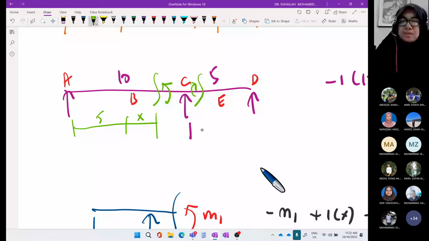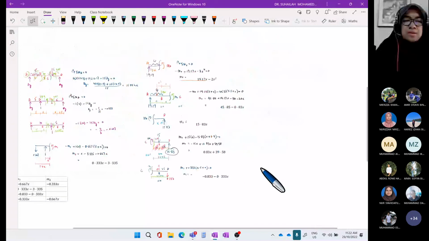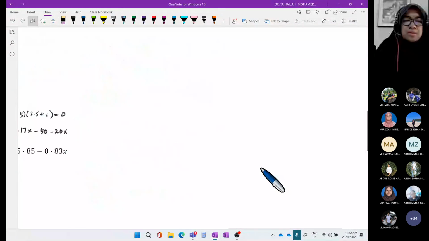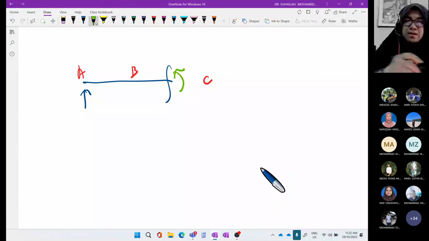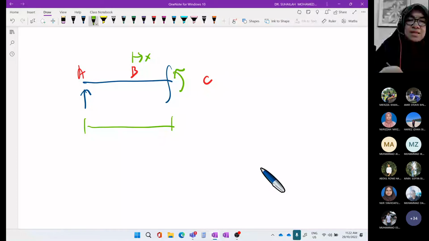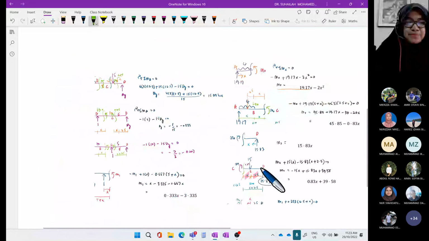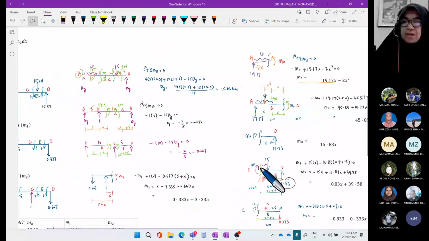So we get. Sambung mana? Saya sambung tepi ni ya. Nanti kalau you nak refer, you just scroll dekat tepi tu. Okay, we have A, B, C. Moment between B to C. Origin dekat B means that this distance is equal to 5 and X. 5 plus X. Berapa nilai AY tu? 0.333 ya.